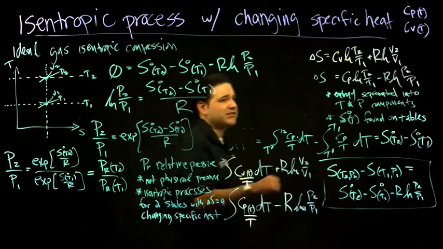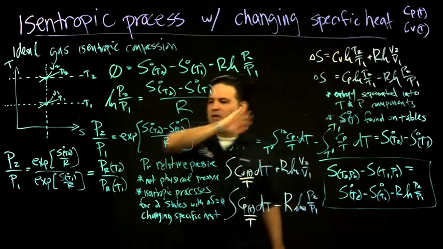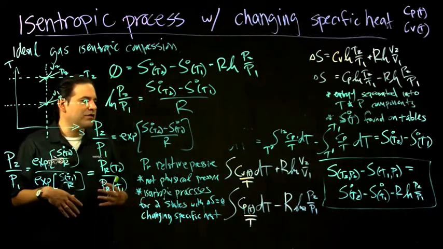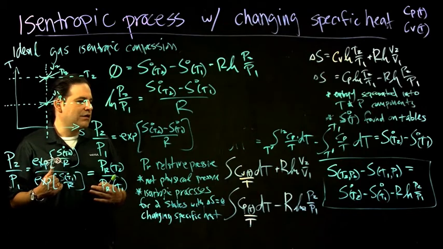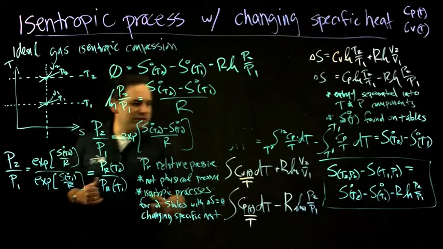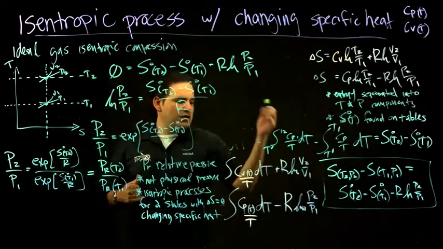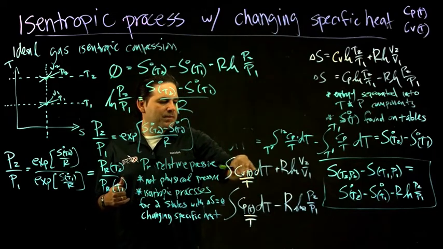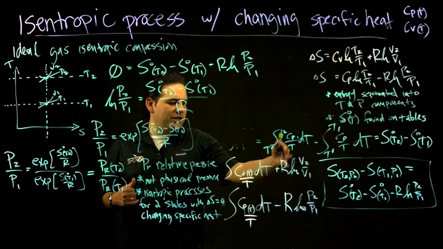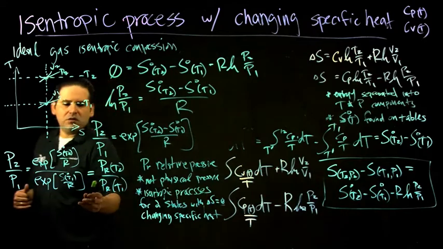If you have a constant specific heat, you don't need that, you just need the states. But if you want to account for this change in specific heat, you have to somehow relate these states to each other. If you don't have the information, you can use tables. You can use this integral always, of course, but if you don't have the specific heat as a function of temperature, or you don't know the endpoints you need to solve that integral, you can use this approach here, which is tables.